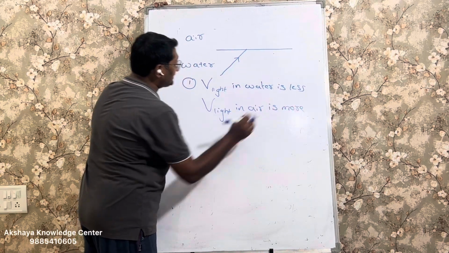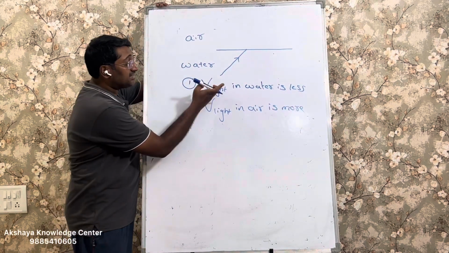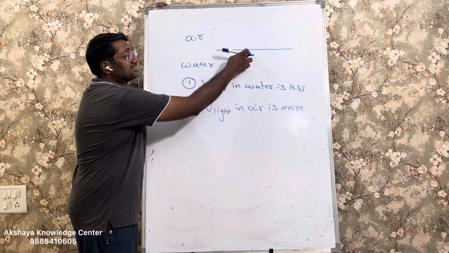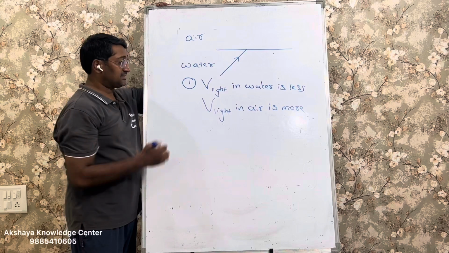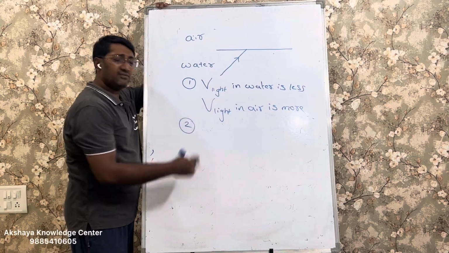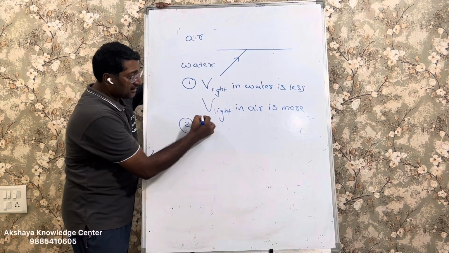So this is the first reason why light bends, because there is a change in speed. Here it is slow, but as soon as it goes to the other side, it is faster. That is one reason.